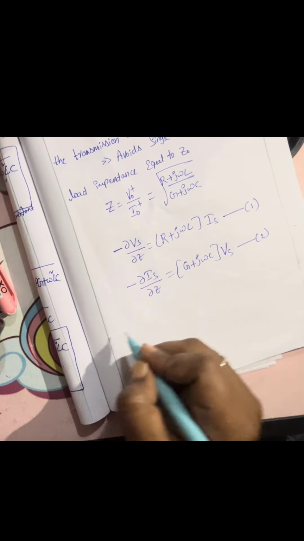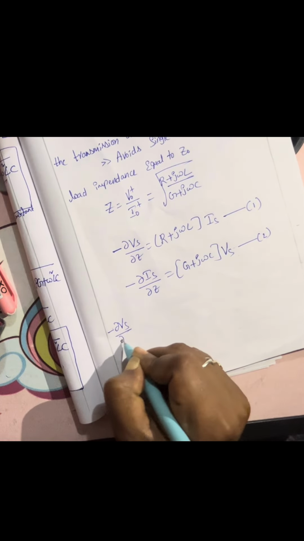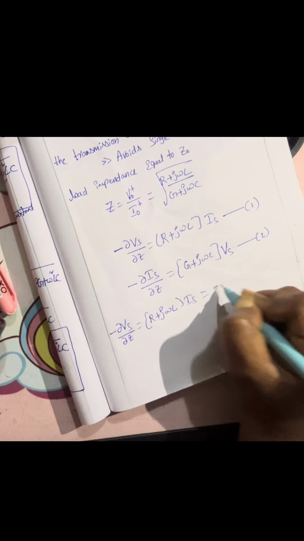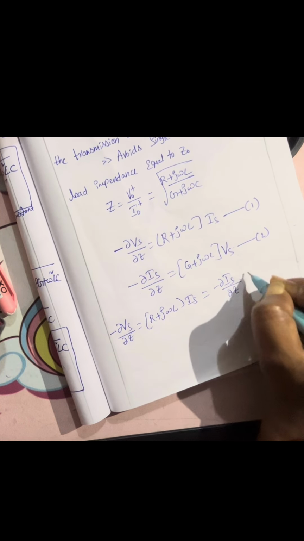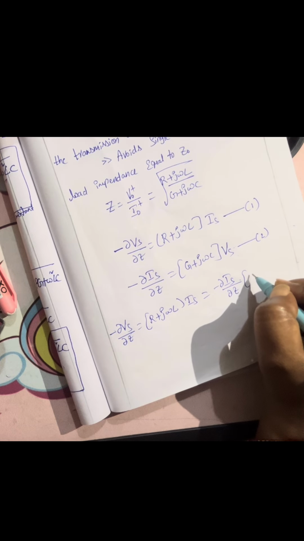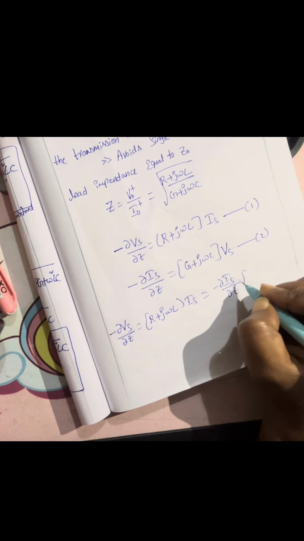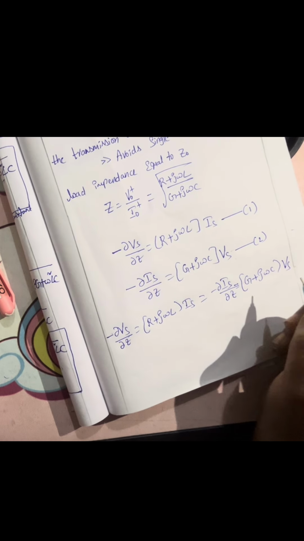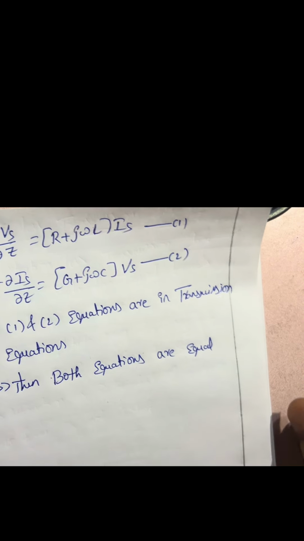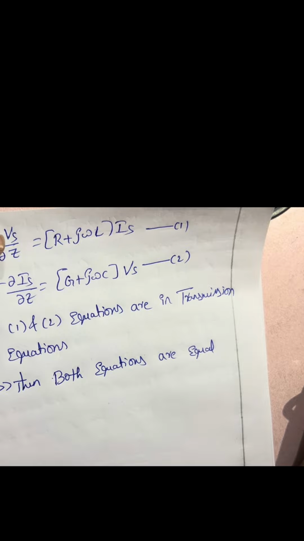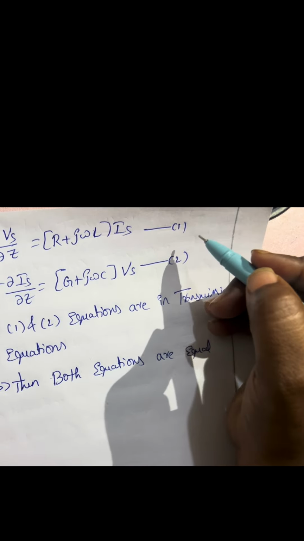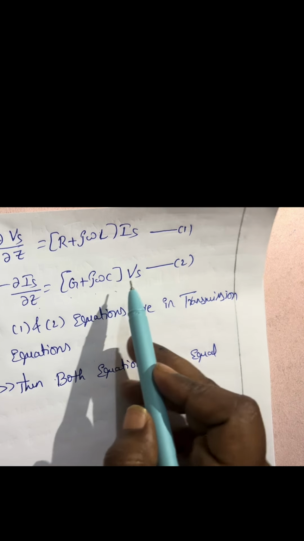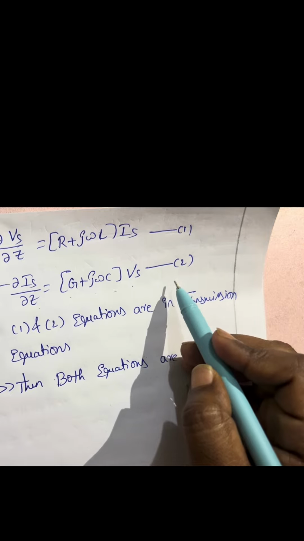First, we know both are equal. Minus dou Vs by dou z equals R plus j omega L into Is, equals minus dou Is by dou z equals G plus j omega C into Vs. The first equation is the voltage equation of the transmission line, and the second is the current equation.